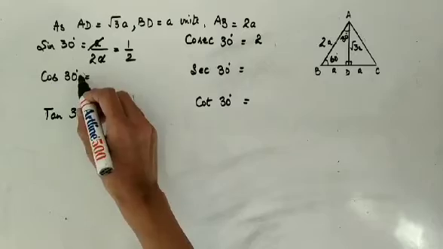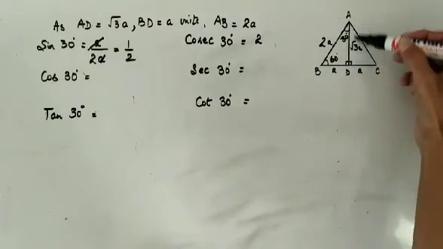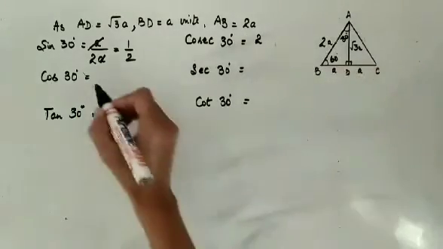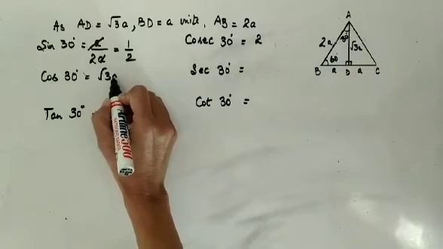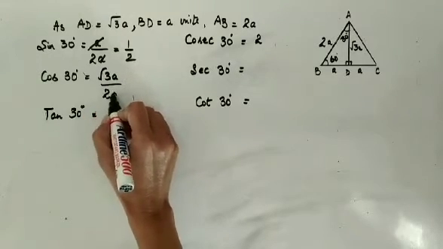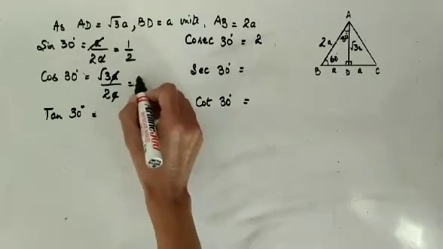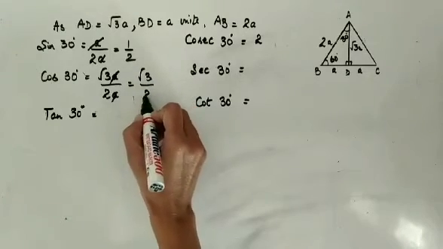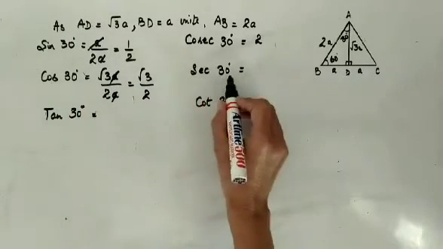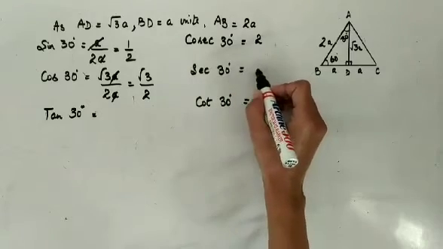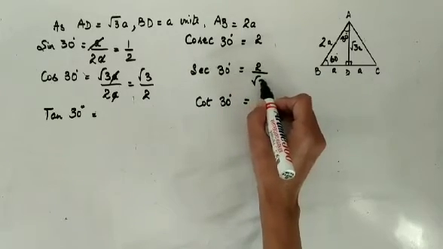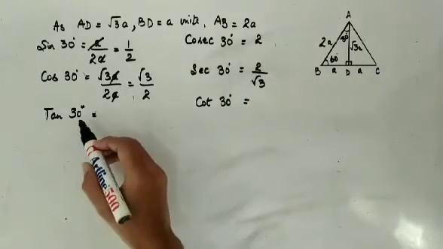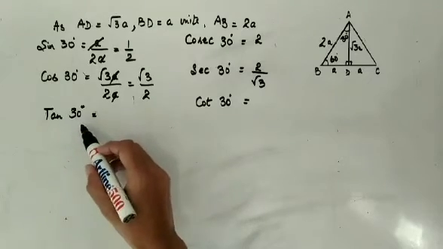Now cos 30 would be base by hypotenuse, base which is root 3 A upon hypotenuse which is 2A, cancelling both, this is root 3 by 2, and its reciprocal is secant 30, this becomes 2 by root 3. Finally comes the third function, which is tan 30 degrees.